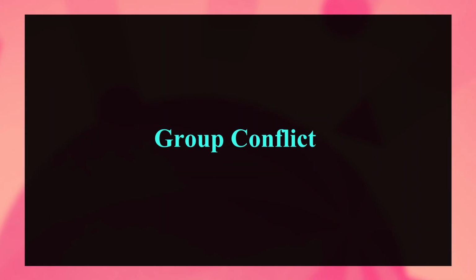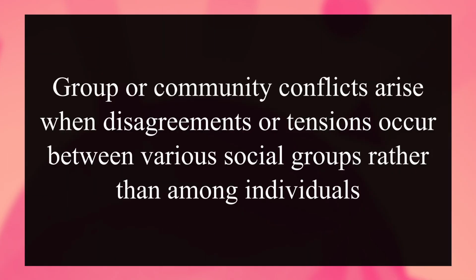Another important form of conflict is group conflict. Group or community conflicts arise when disagreements or tensions occur between various social groups rather than among individuals. These conflicts typically emerge when groups feel that their identity, values, or lifestyle are being threatened or overlooked.